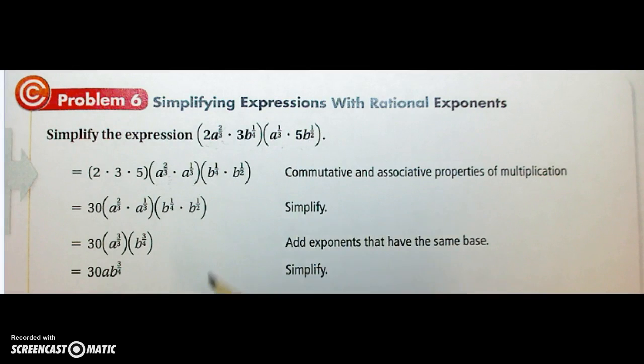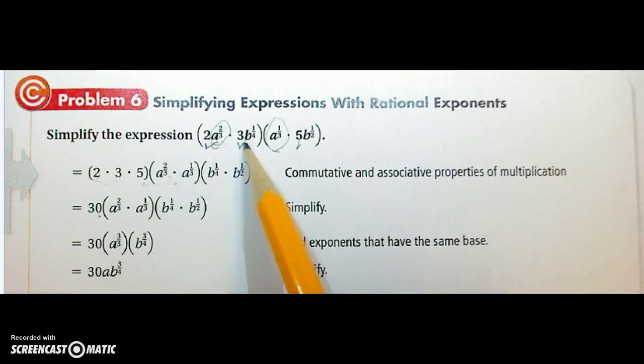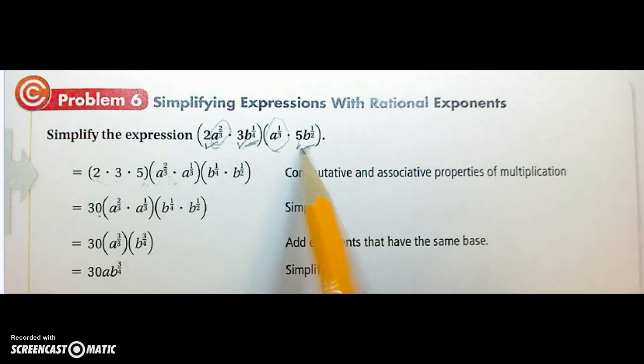And so we pull out 2 times 3 times 5. That's the easy part. 2 times 3 is 6 times 5 is 30. Then we notice that we have a to the 2/3 and a to the 1/3, so we put those two together. Then we have b to the 1/4 and b to the 1/2, and we put those two together.